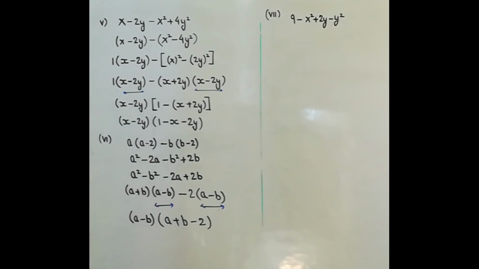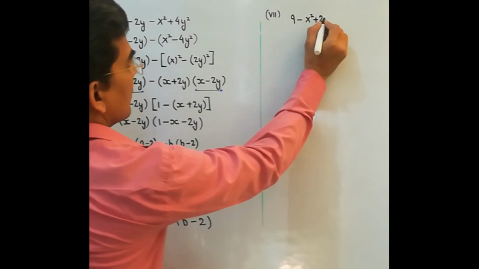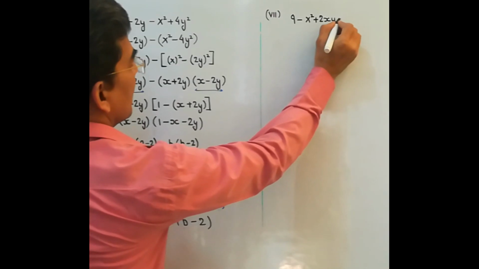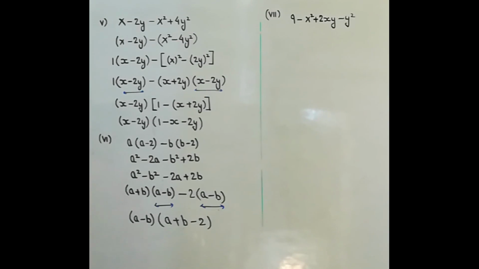Now see, in the next question, this is the question. Now here again we have to do the grouping. Now in some of the questions, grouping will be such that three terms taken all together make a whole square formula.